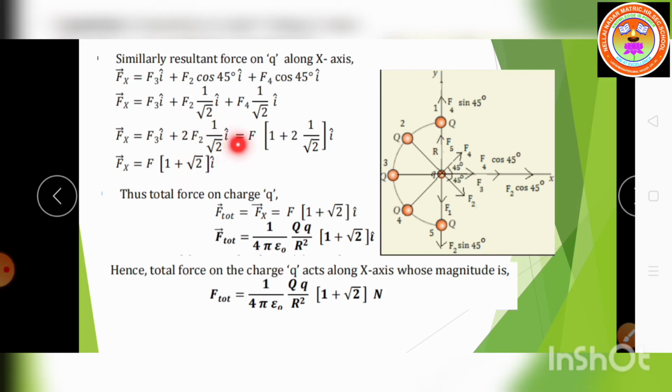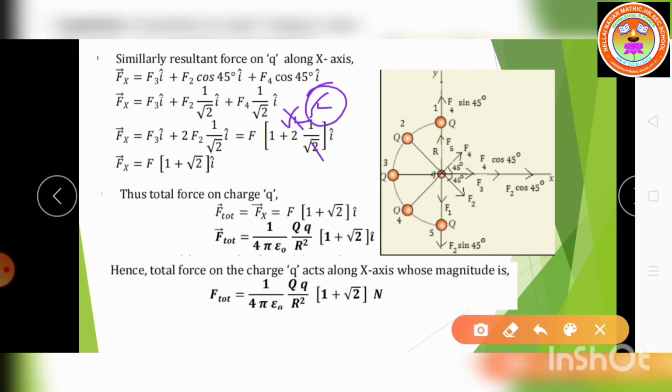Then I cap. So, we can rearrange this equation. F into 1 plus 2 into 1 by root 2 into I cap. Okay. So, the value of the 2 will be resolved into root 2 into root 2. The denominator root 2 and numerator root 2 will be cancelled. So, the remaining root 2 into I cap, we will get the answer.